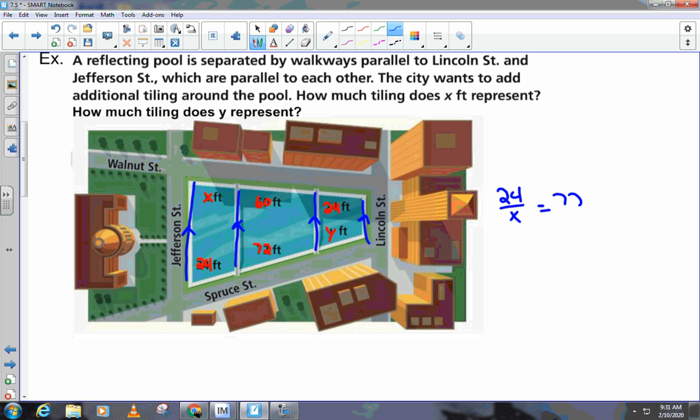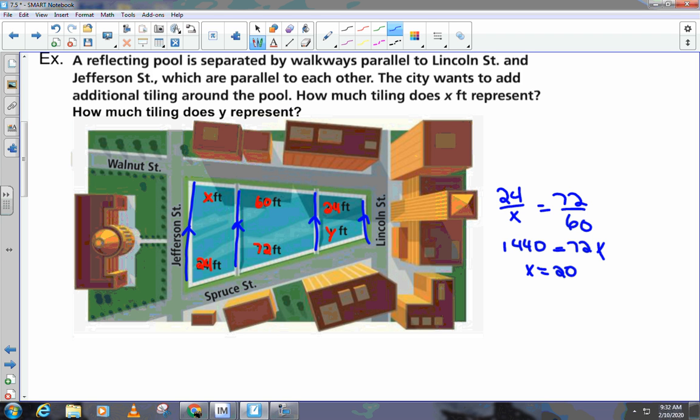Okay, that would work. Could I have done 24 is to 72 as x is to 60? I could have done that too, right? Okay, good. All right, so I'm going to cross multiply. So 24 times 60, 1,440 equals 72x. Okay, divide both sides by 72, and x is equal to 20. Good.